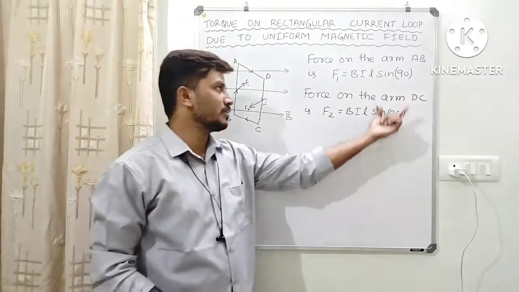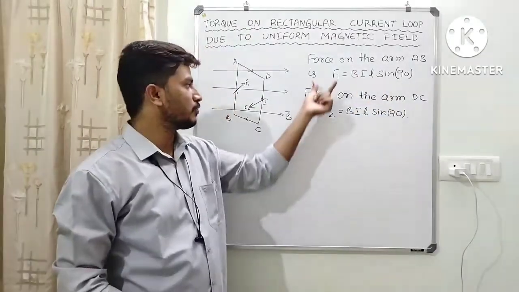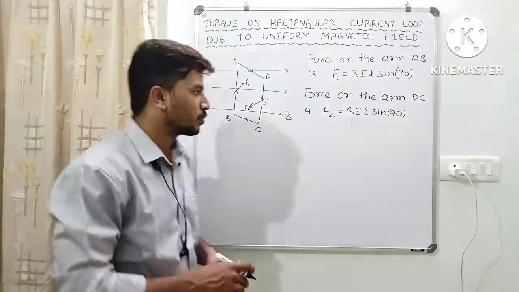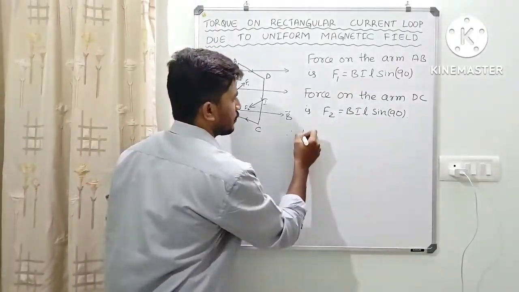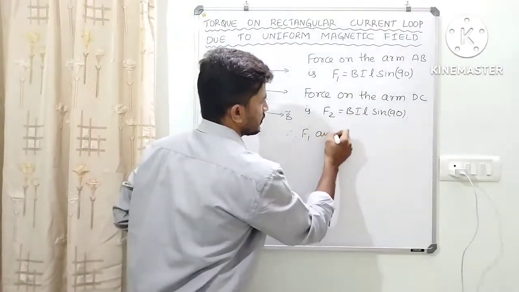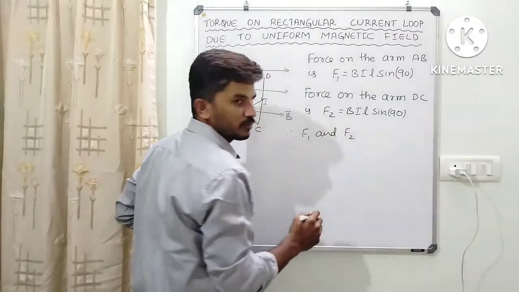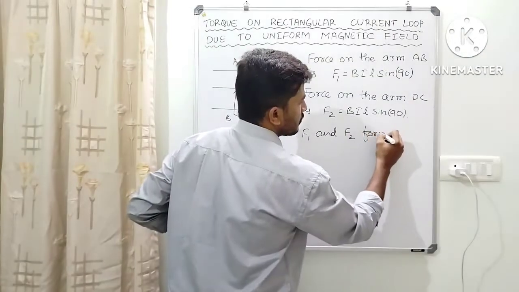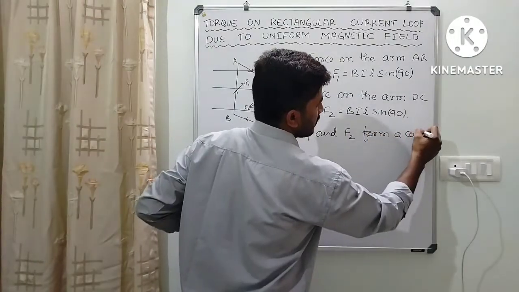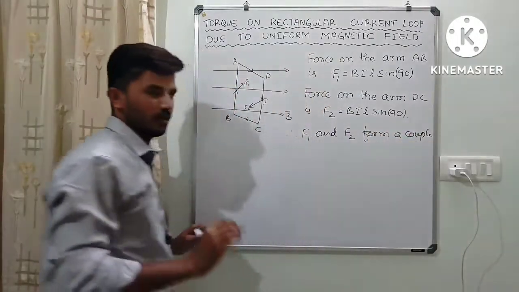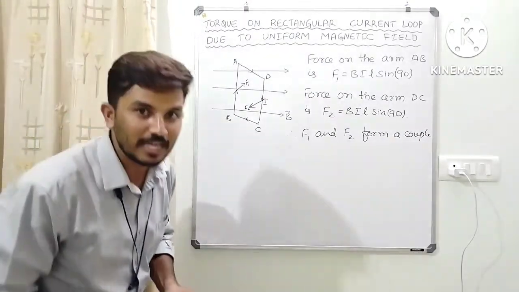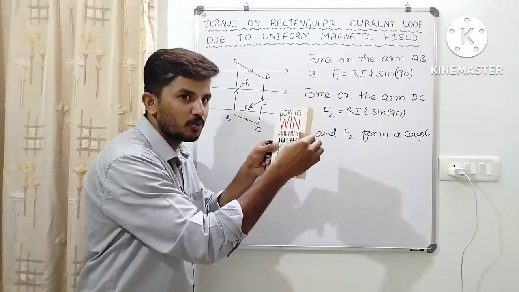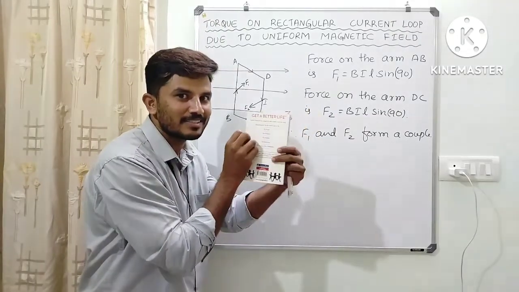So sin 90 is 1. So you get F1 is equal to F2 is equal to BIL. So here, therefore, F1 and F2 form a couple. Because of that, the rectangular current loop rotates.